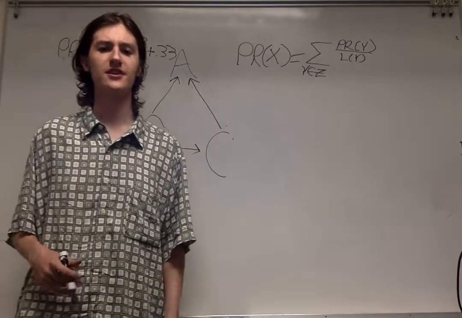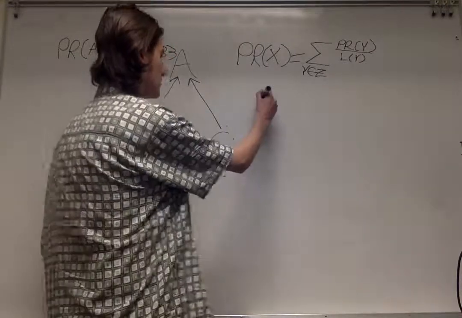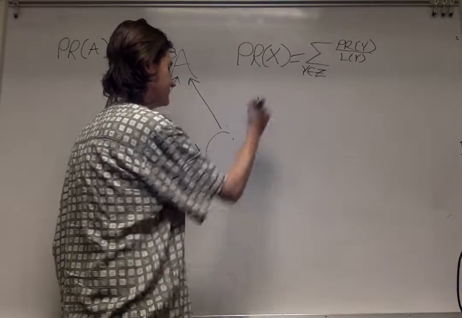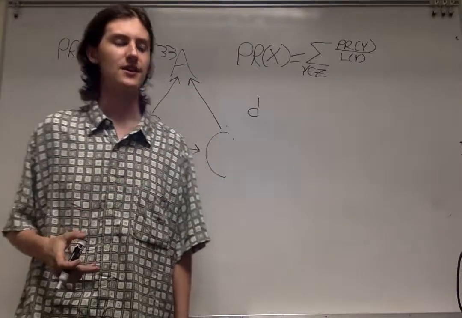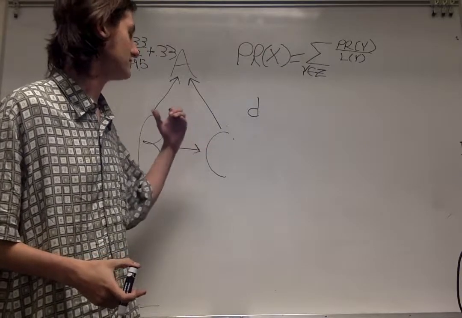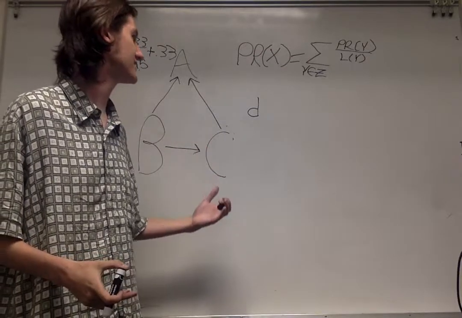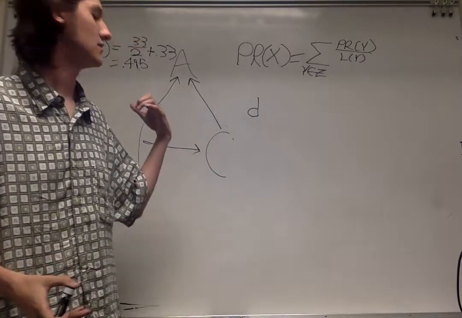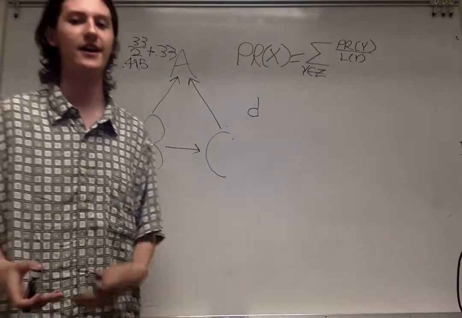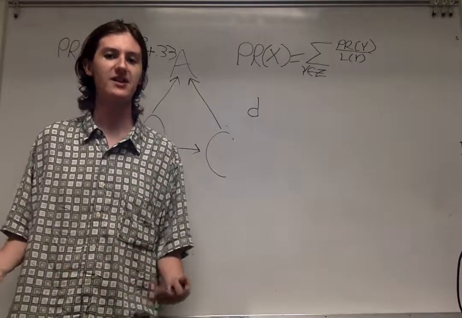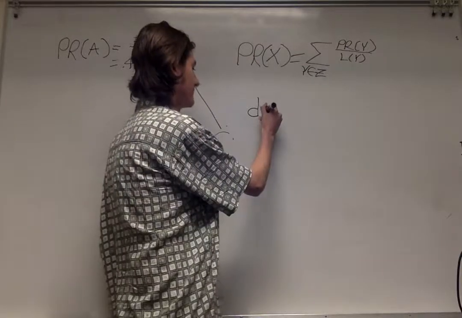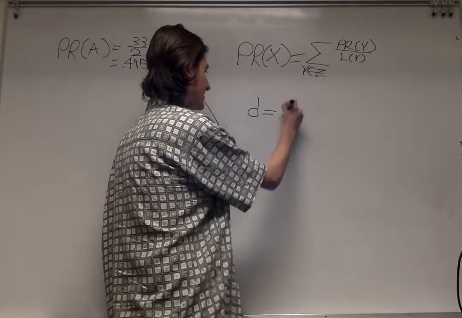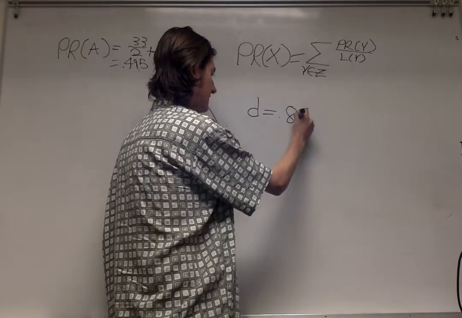So they created D. Now what D stands for is, D stands for the damping factor. And Larry Page and Sergey Brin decided that the damping factor would be equal to 0.85.